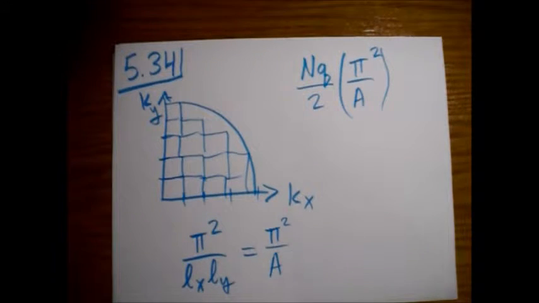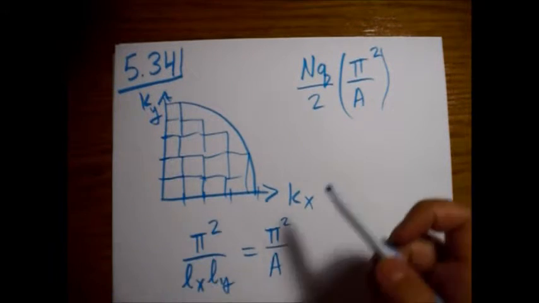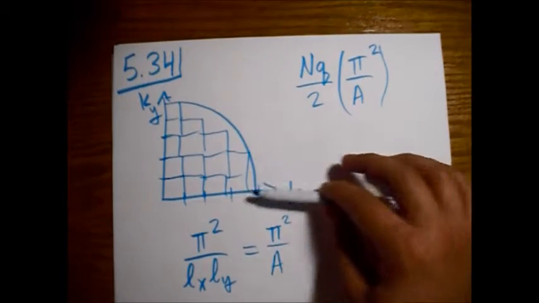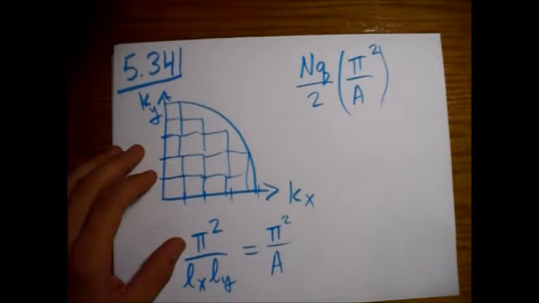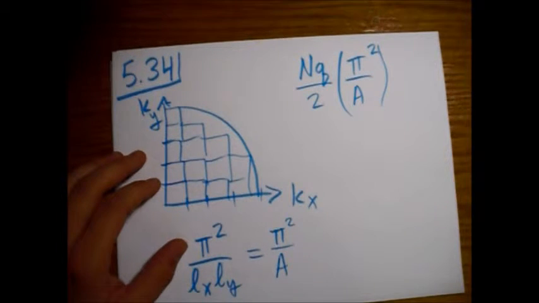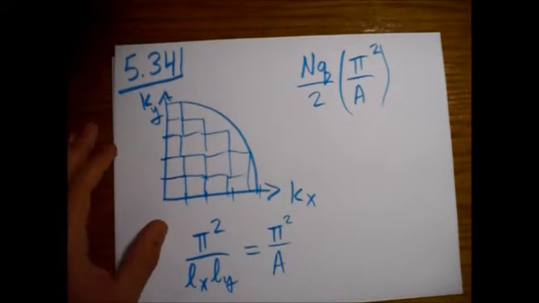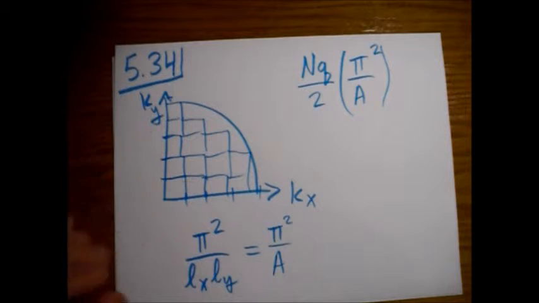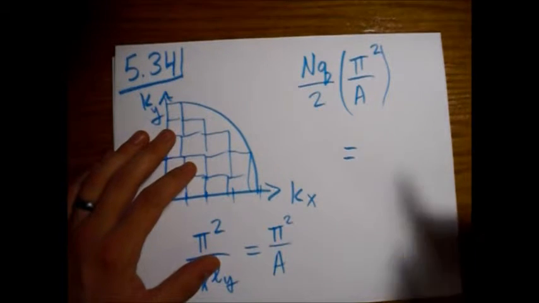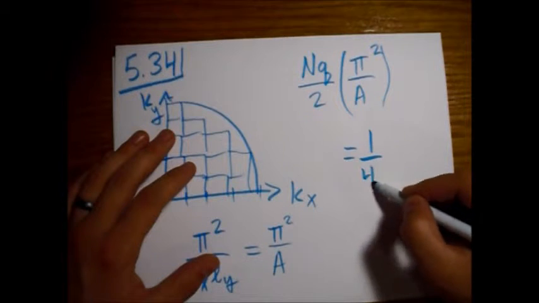That's why it's not the whole sphere, because the K's don't go below 0. For 2 dimensions, we're just going to look at this quadrant of a circle. So the area of a quadrant of a circle, rather than 1/8 times the volume of the sphere in 3 dimensions, will be 1/4 times the area of a circle in 2 dimensions.